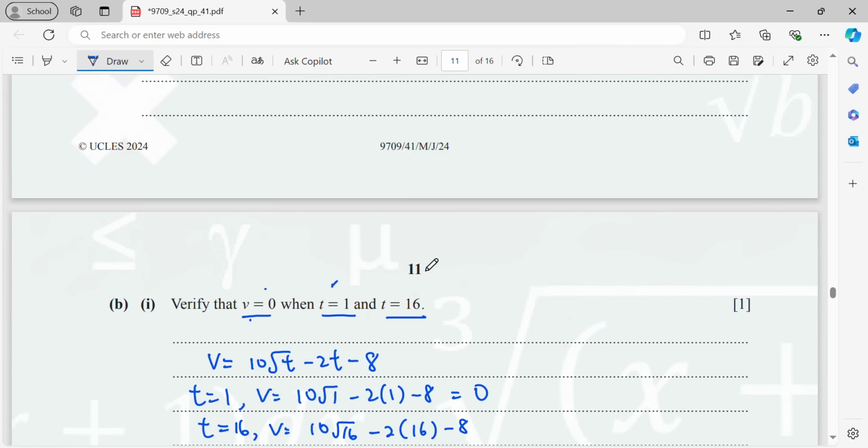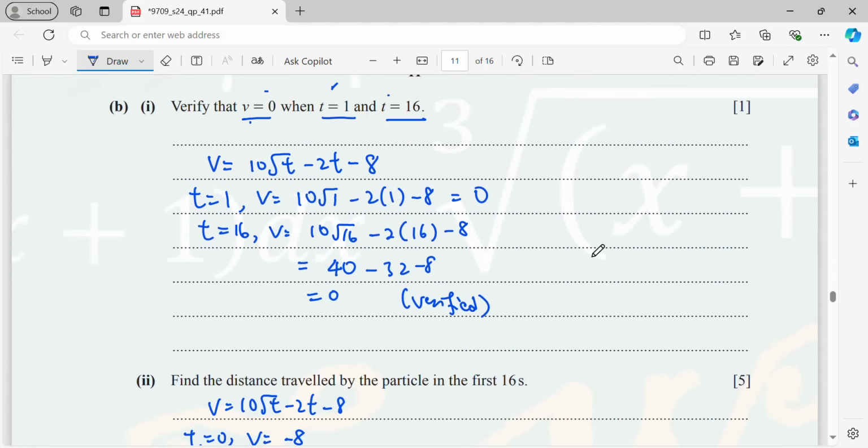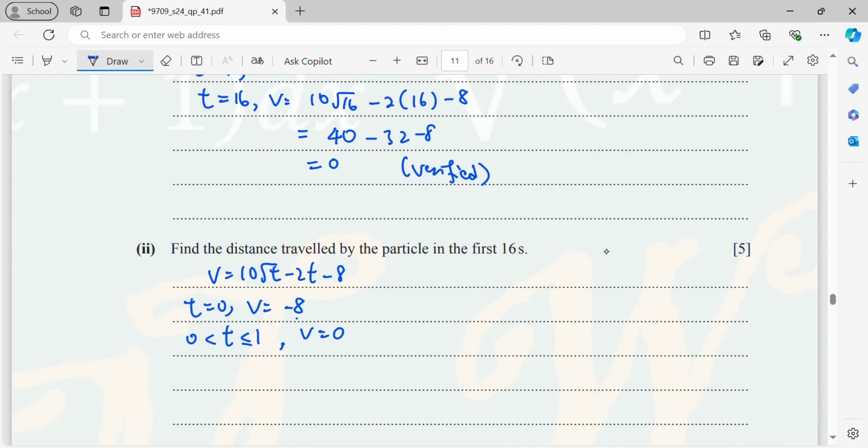So which means t between 0 and 1, then the v is negative. After that, when t equals 16, the v equals 0, which means now I know that when t is between 1 and 16, you have no idea what the value of v is, you can just check. Let t be 2.